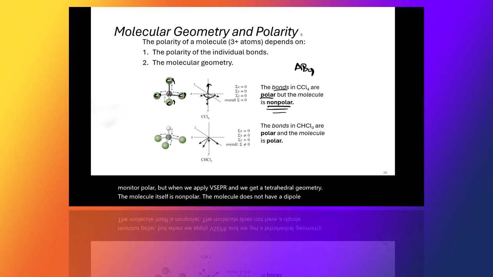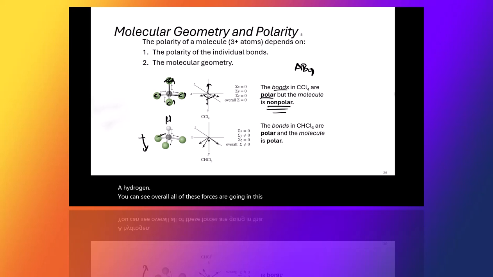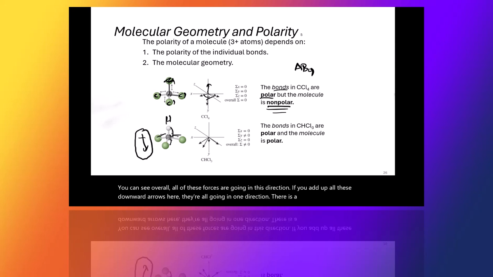Now, if we knock off one of these chlorines and put in its place a hydrogen, well, now you can see overall all of these forces are going in this direction. If you add up all these downward arrows here, they're all going in one direction. There is a resultant force or vector in the downward direction.